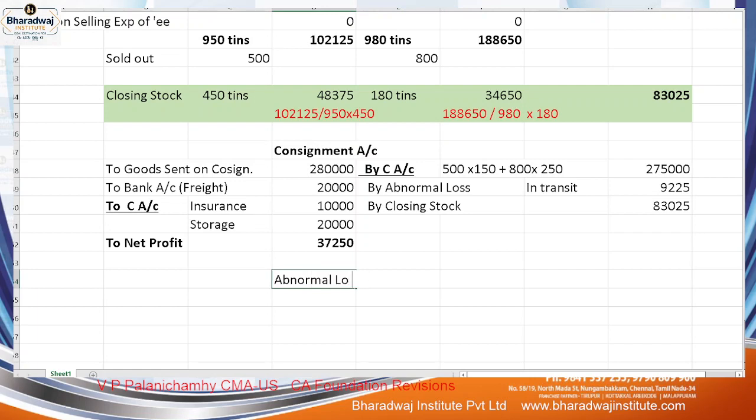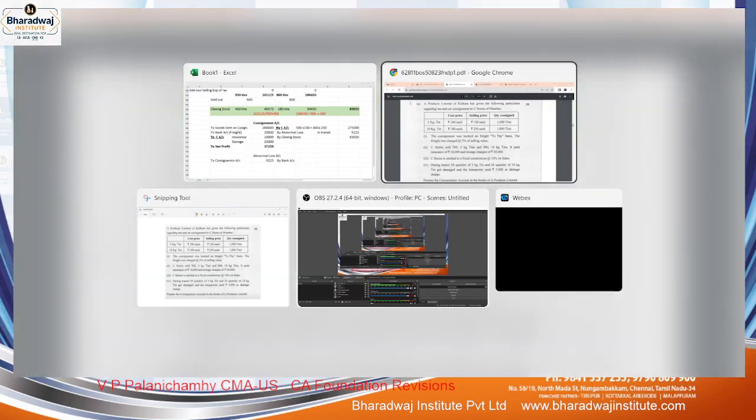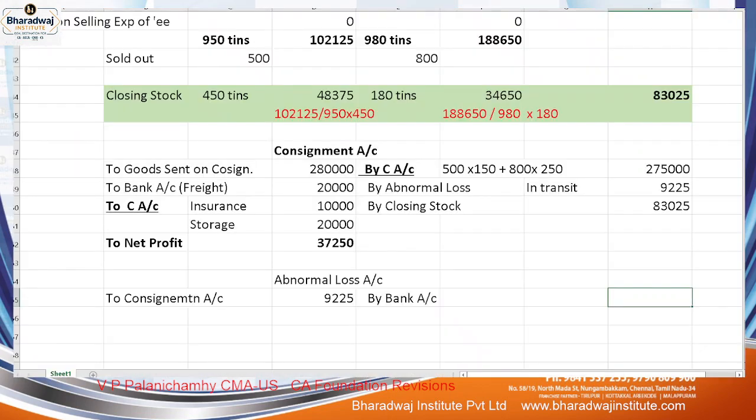How will it come in the abnormal loss account? To consignment account. To consignment account, what is abnormal loss value? 9225. How much the transporter has paid by bank? By bank account, how much the transporter has paid for you? How much does the transporter pay for abnormal loss? 5,000. Balance will be transferred to P&L account.